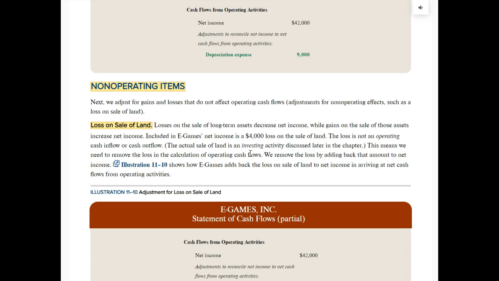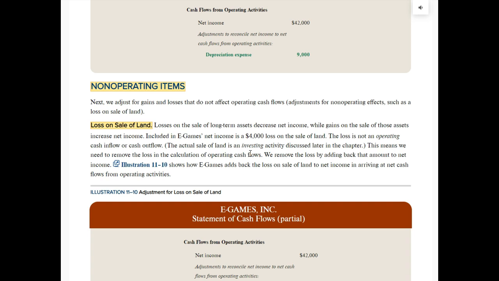If you remember the data they gave us earlier, they said they sold the land for $6,000. The land cost us $10,000. So the loss is $4,000. But when we sold the land for $6,000, we didn't lose cash of $4,000. We had an accounting loss of $4,000.